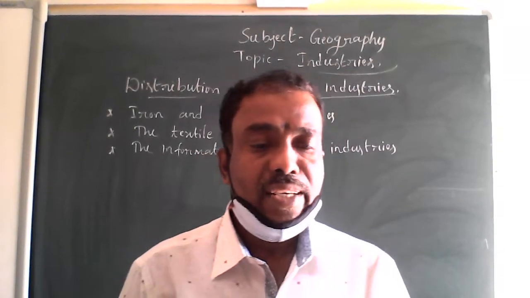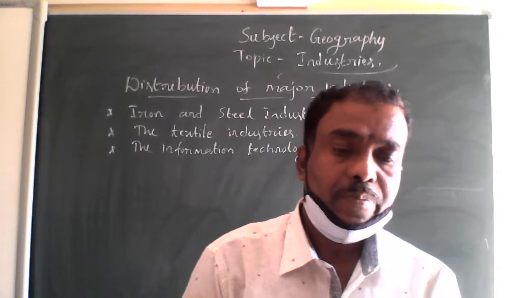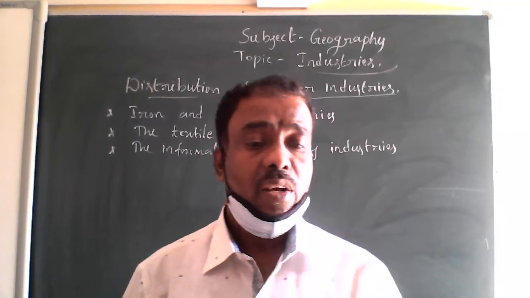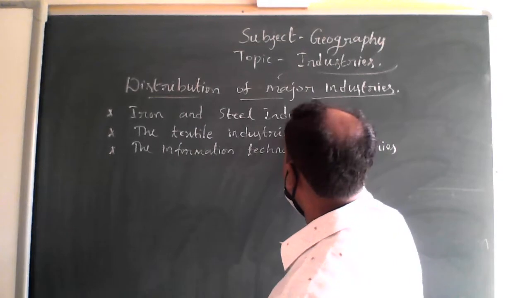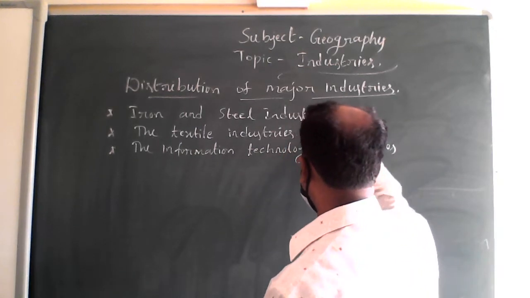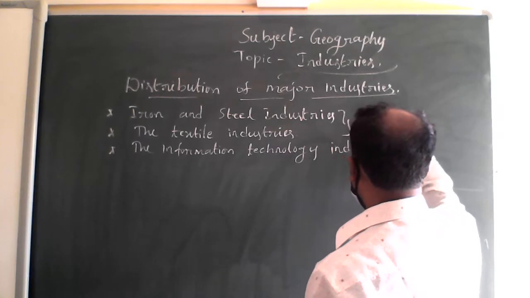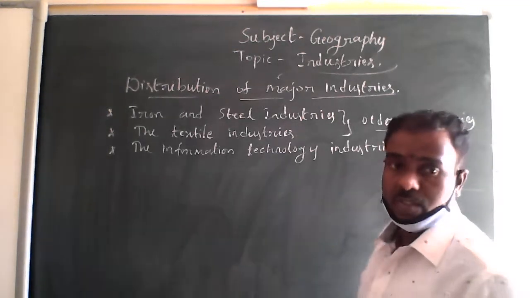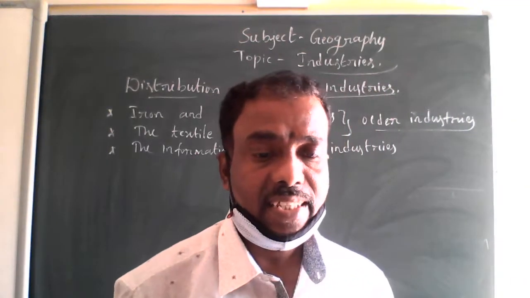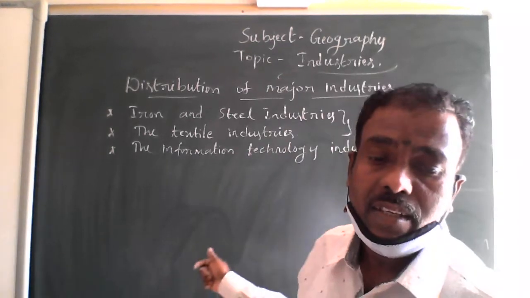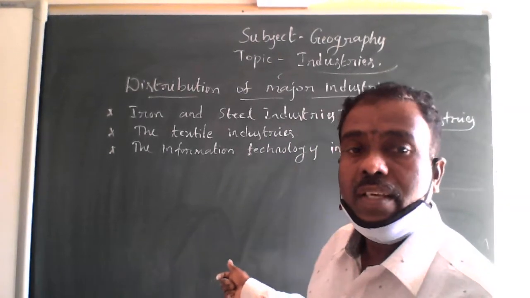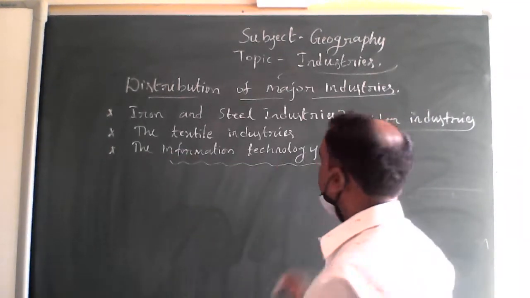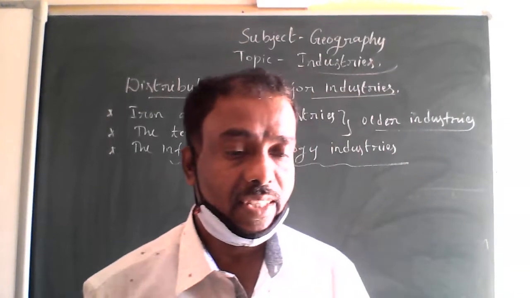Getting now? Here, dear students, the iron and steel and textile industries are the older industries. So these are older industries. The information technology industry is an emerging industry.